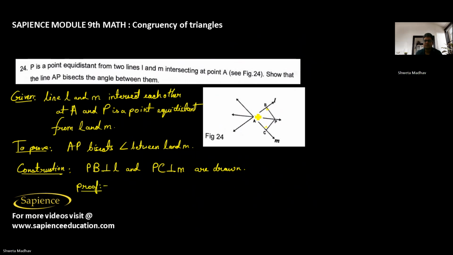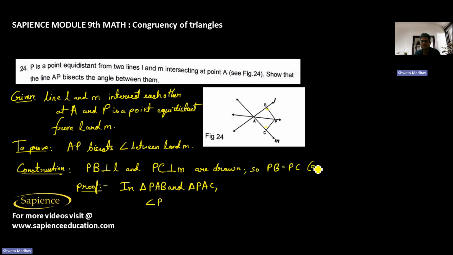The proof is, now I will say that in triangle PAB and triangle PAC, P is equidistant from L and M. So PB perpendicular to L and PC perpendicular to M are drawn. So hence I can say PB will be equal to PC, since it is given already that P is equidistant from L and M.